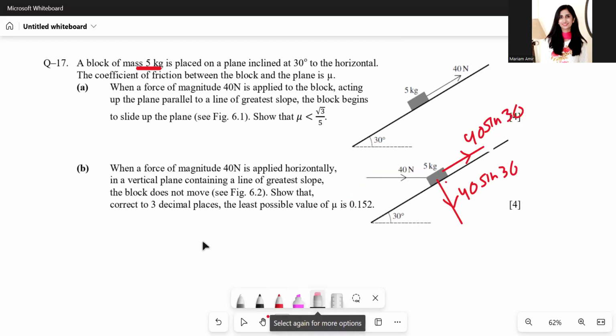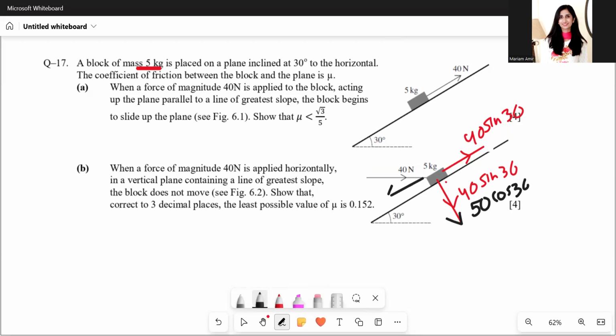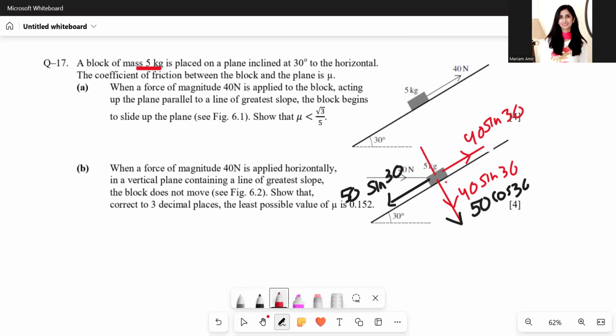Okay, now let's also resolve the two weight components. This one is always the cos component, so mg cos 30. And this one down the slope is always mg sine 30, mg sine theta.